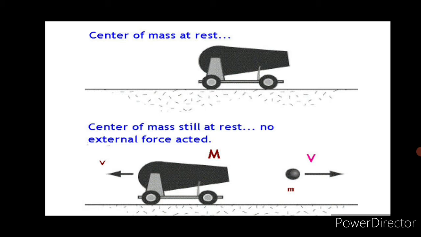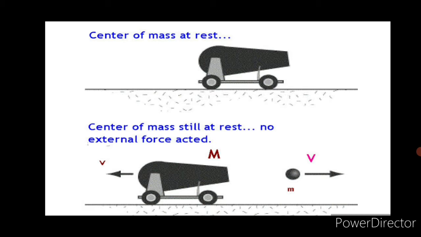Before, if the cannon was moving with some velocity, and now as it is moving, the explosion is done, or the shell is projected out, even at that moment the net change in the momentum is zero and hence it will continue to move in the same manner.